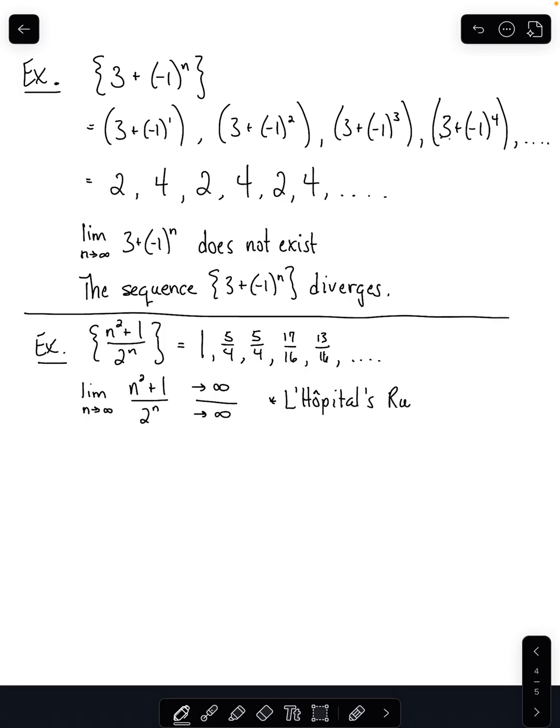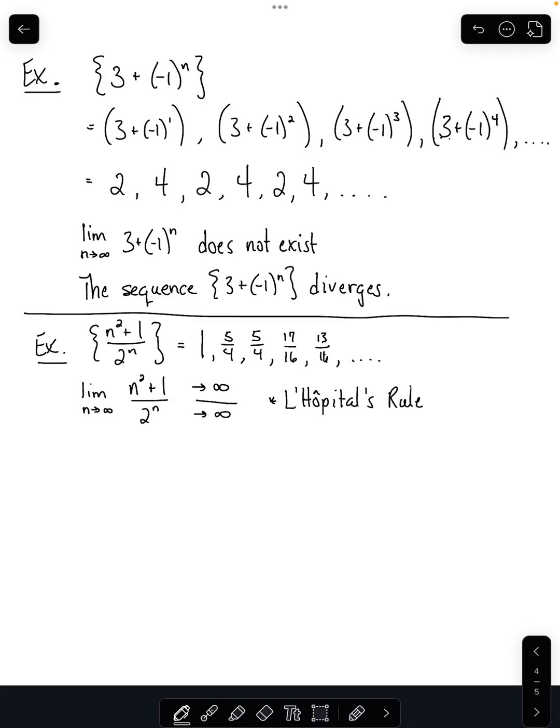Now remember, L'Hopital's rule only works under certain circumstances. The numerator and denominator both have to approach 0, or both have to be approaching infinity, positives or negatives notwithstanding. So before we can use L'Hopital's rule, we need to verify that this is the case. And we just did.